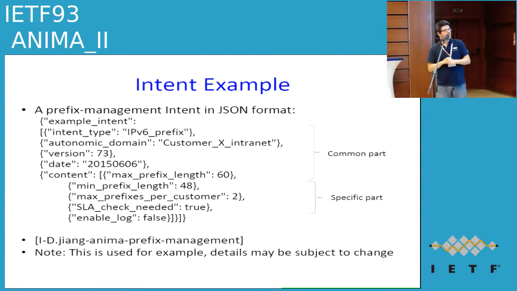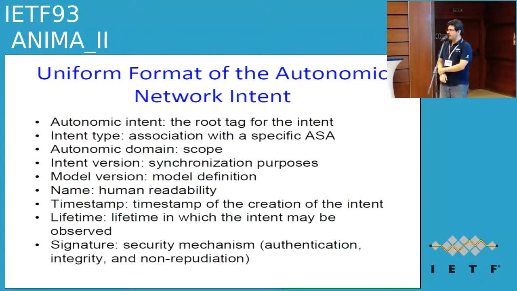Next slide. So the format of the intent should be based on tags, and so we are describing some of the tags that should be present in every intent. So the first one, which is the autonomic intent, is the root tag for the intent. Then we have the type, which is the association to a specific ASA.